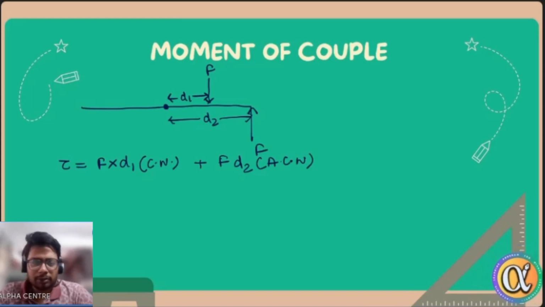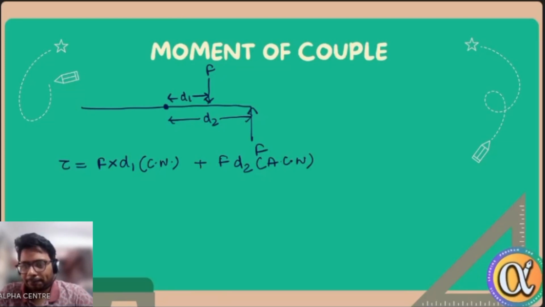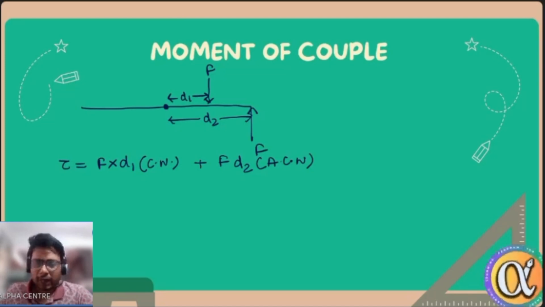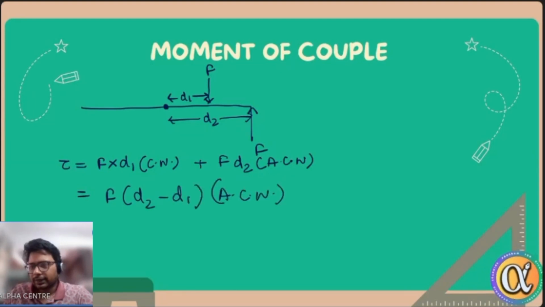Just by your general observation, can you tell me which one is greater? F into D2, because both forces are the same, so I think it's directly proportional to the distance. D2 is more than D1, and therefore the net turning effect would be F D2 minus D1 in the anti-clockwise direction, isn't it?